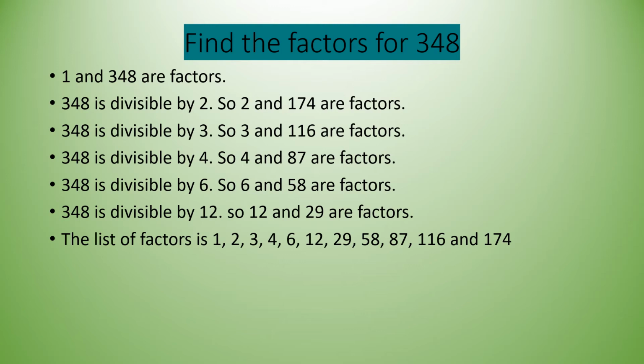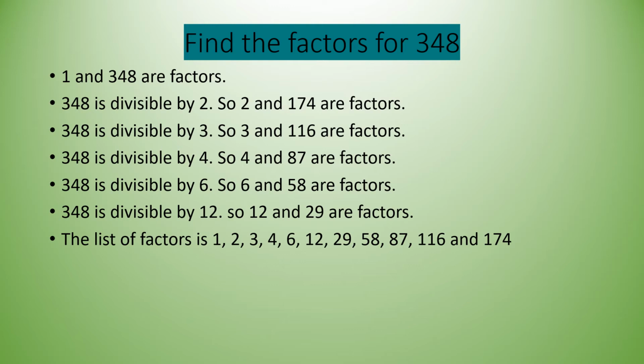Now we select 3. 3 divides 348 because the sum of digits in the number 348 is divisible by 3. So 3 and 116 are factors because 3 into 116 equals 348.